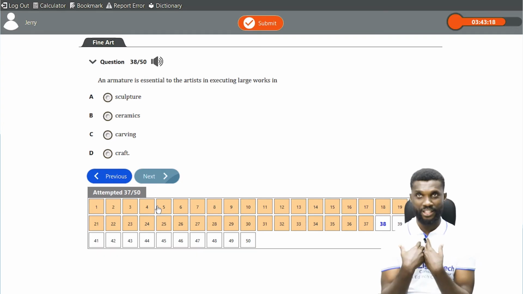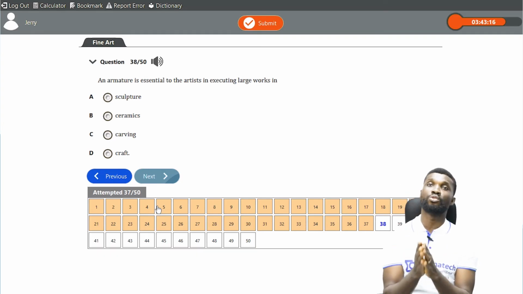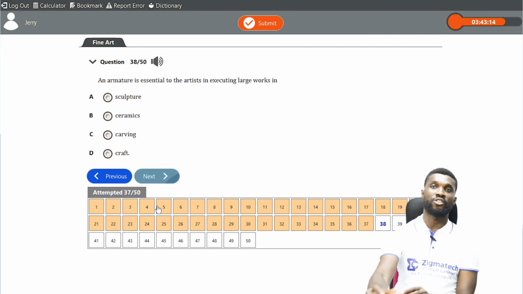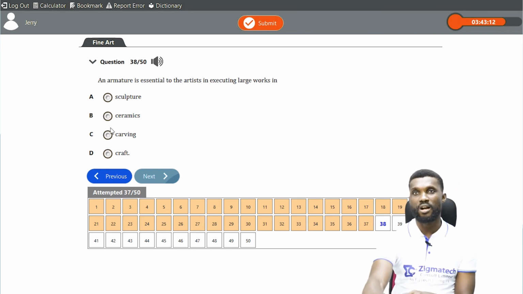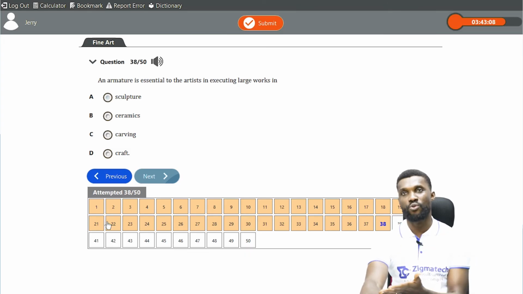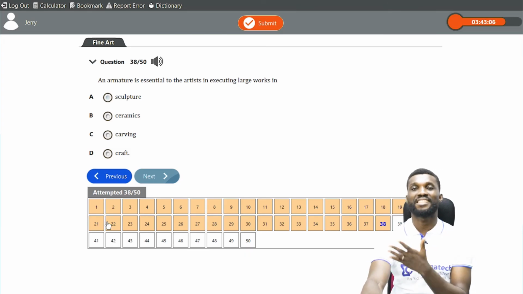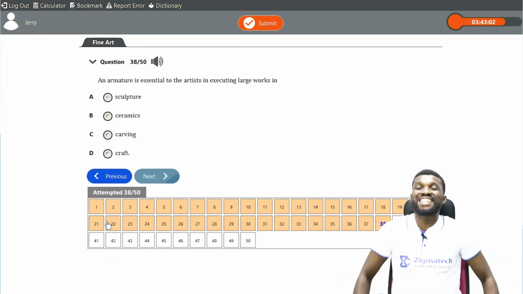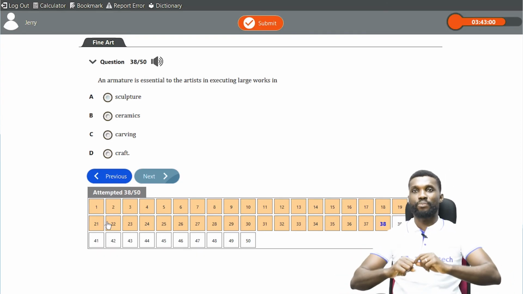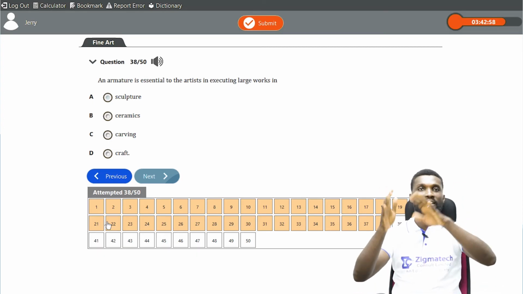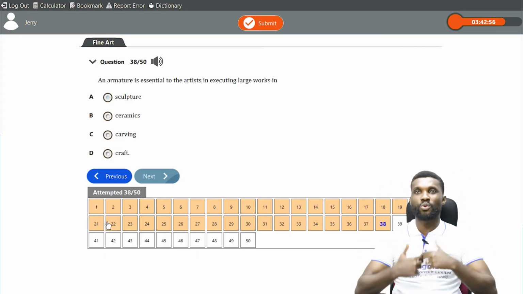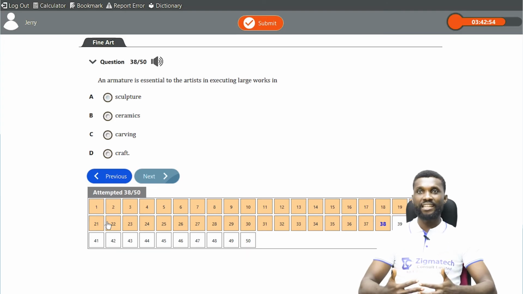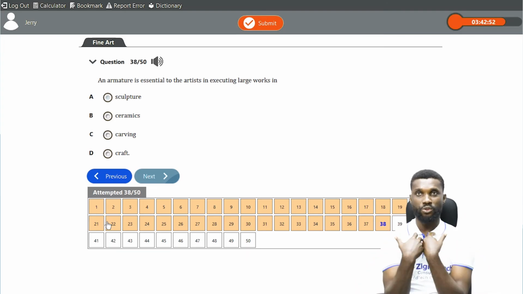Common sense, based on what I've just explained, you just know that armatures are used in what? Sculptural work of art. So when you hear the word armature, just know that they are the skeleton of a sculpture. They help large sculptural work to stand erect, to withstand pressure, because you cannot just start heaping clay without a skeleton. Even while God was creating man, he created man with clay. So that is what I was taught.